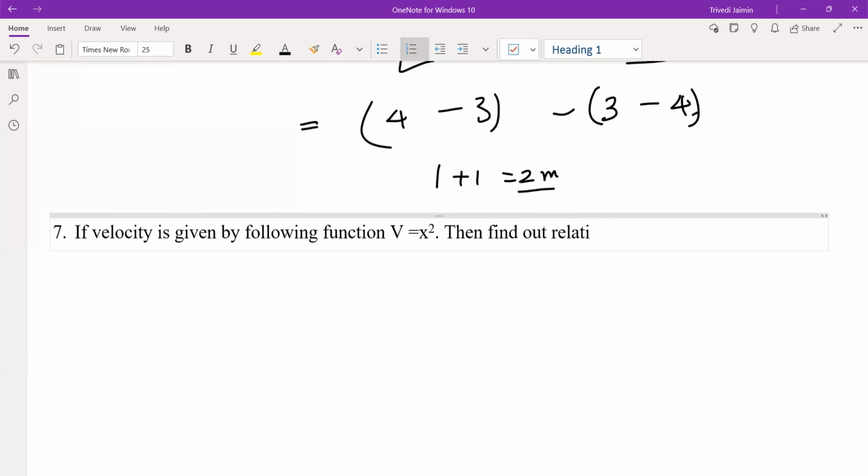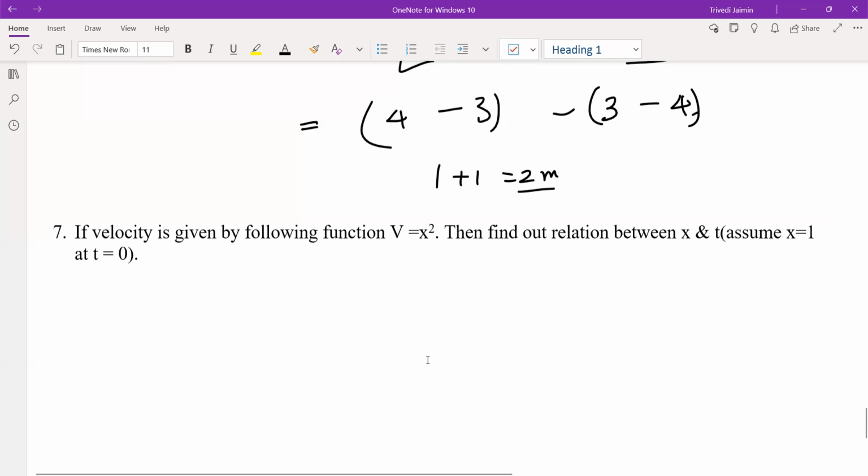Find out the relation between x and t. Assume x equals 1 at t equals 0.